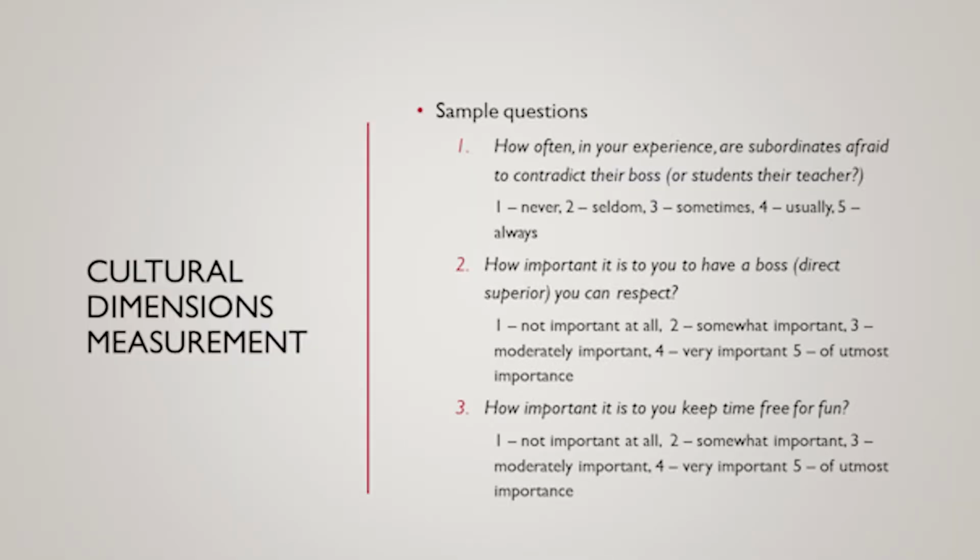And again, a 5-point scale, with 5 being of utmost importance and 1 being of very little or no importance. And the last question that I want to give you as an example is how important is it to you to keep time free for fun. And again, a 5-point Likert scale, with 1 being of utmost importance and 5 being of very little or no importance.